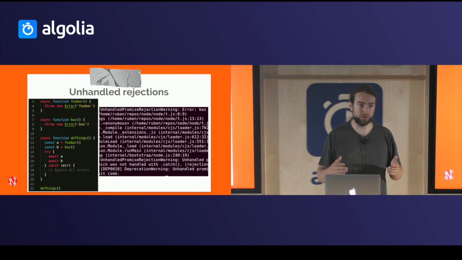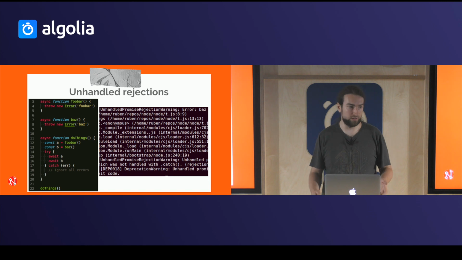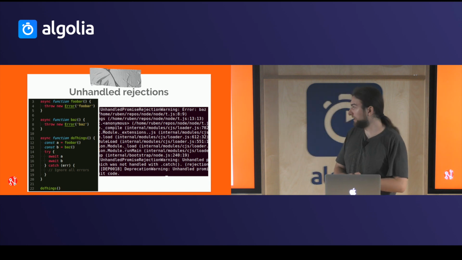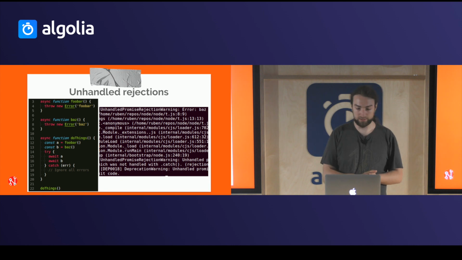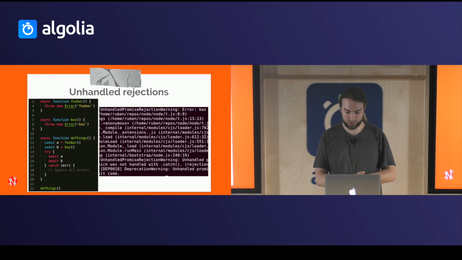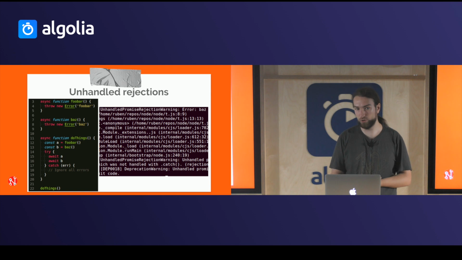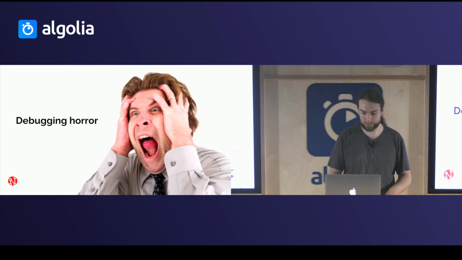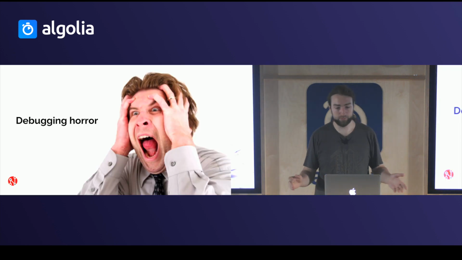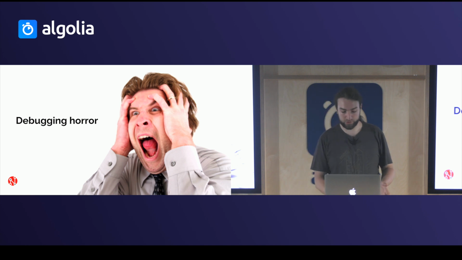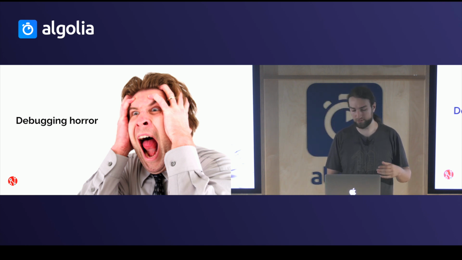But just imagine the function would be bigger in your actual application, and this could actually happen. And that's what will be printed out next to it. It's an unhandled promise rejection warning, because we don't have a hook that would deal with those errors. And we end up in a debugging horror, because we don't have a proper stack trace, etc.